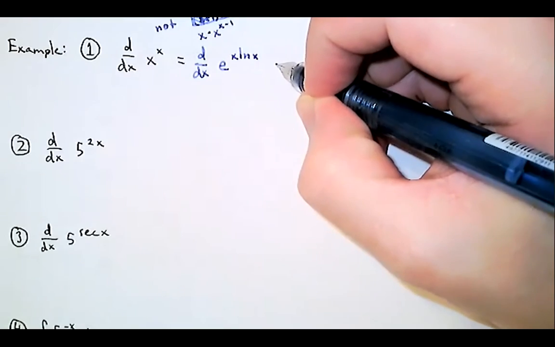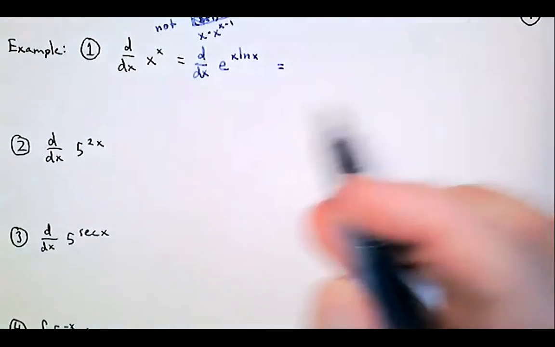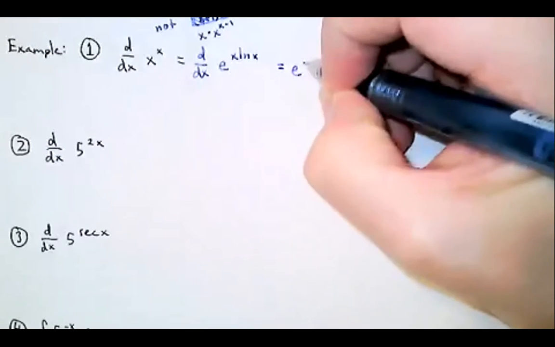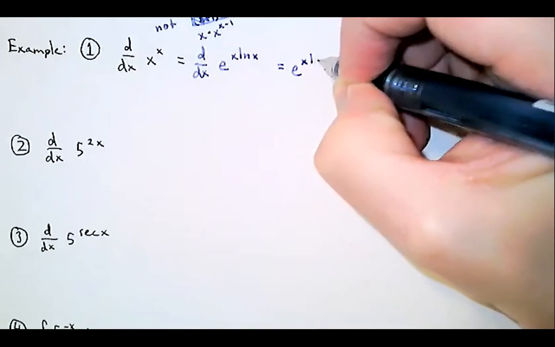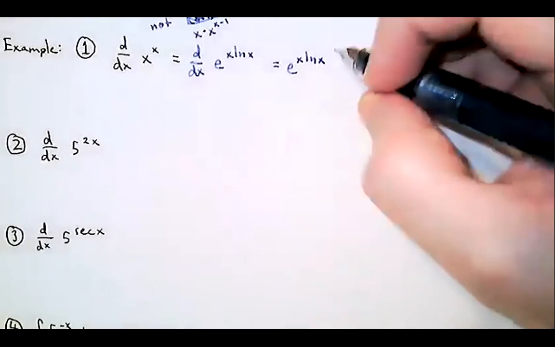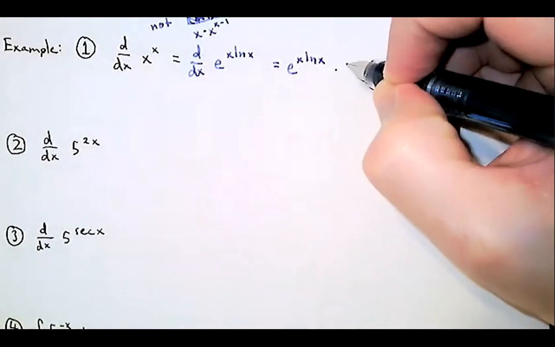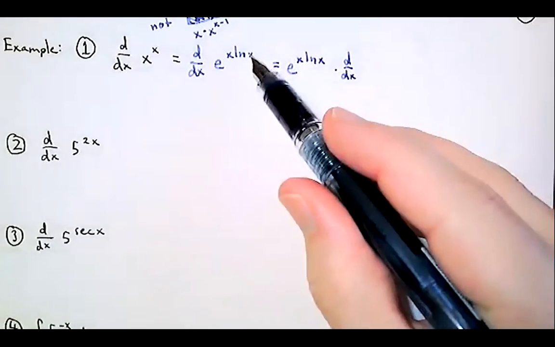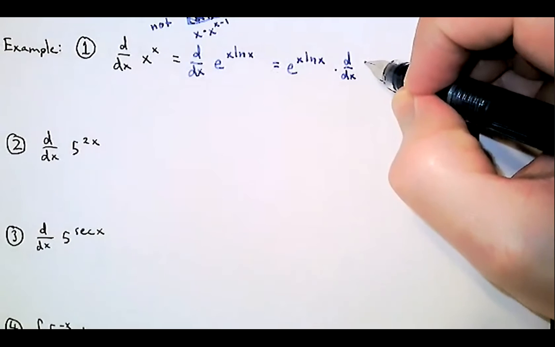We need the outer derivative. But the derivative of the natural exponential is just the natural exponential again. The rest of it will be a little bit harder. Not too bad.